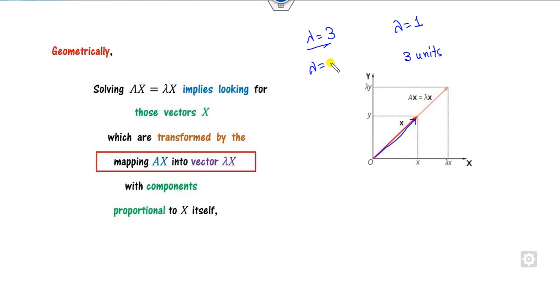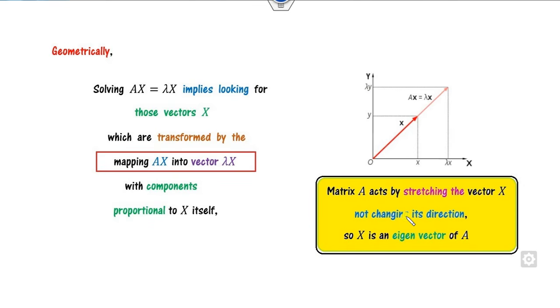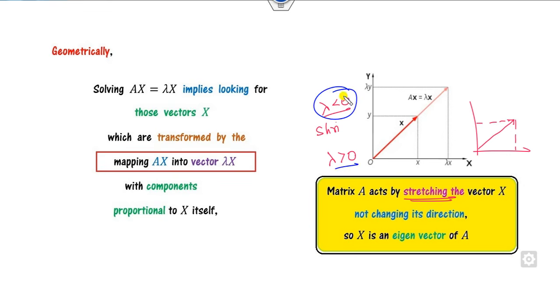If lambda is, say, minus 2, then instead of stretching, you have to shrink, and the direction reverses. So this is stretching when lambda is positive. When lambda is less than 0, you have to shrink the length. Initially it was here, this is my initial, and if lambda is less than 0, the second case will be here.